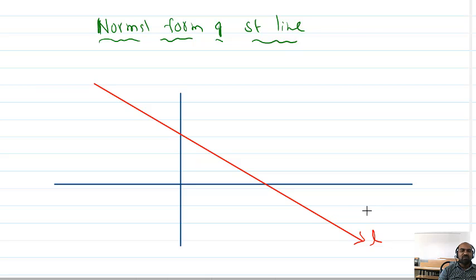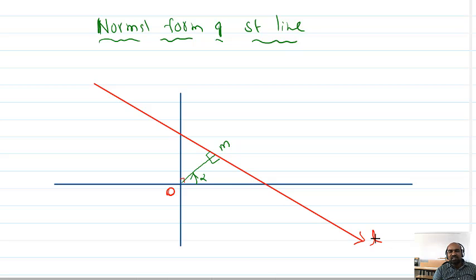But the normal form I will explain. This is the origin. From the origin, a perpendicular is dropped on this line. Then OM is perpendicular to L. That's why OM is called normal to the line L. And alpha is the angle made by the normal with the x-axis in the positive direction.